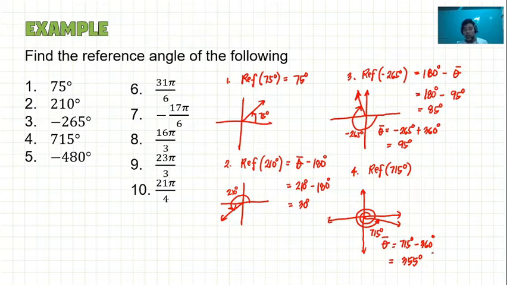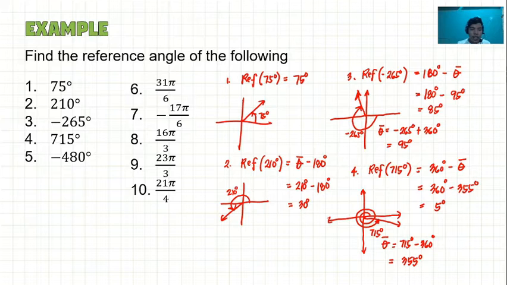So our angle will be 355 degrees, our theta bar. Therefore, since our angle is at quadrant 4, the formula will be 360 degrees minus theta bar, right? So this will now be equal to 360 degrees minus 355 degrees. Therefore, our reference angle will be equal to 5 degrees. Okay, so that is for number 4.